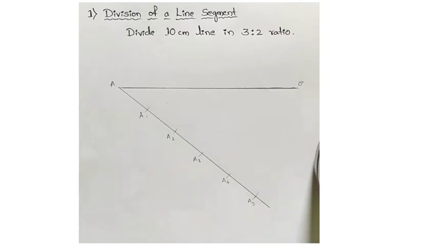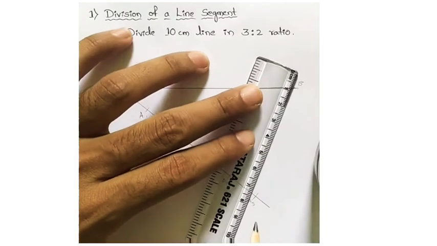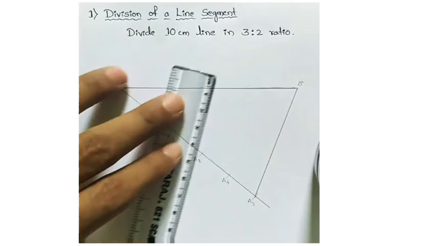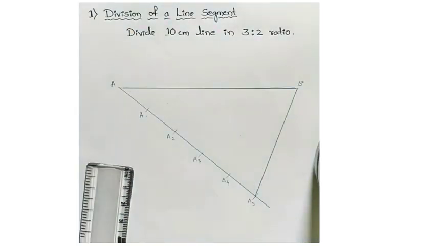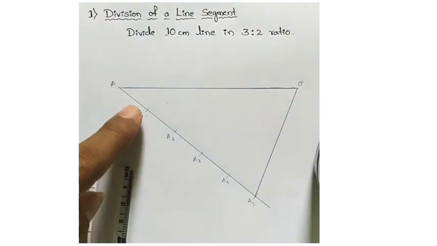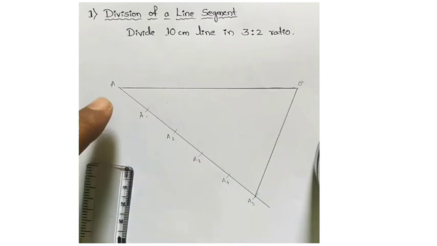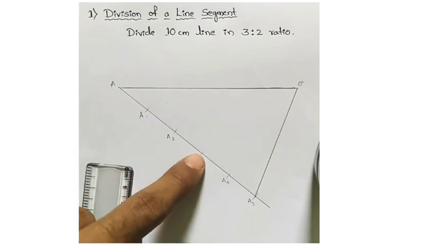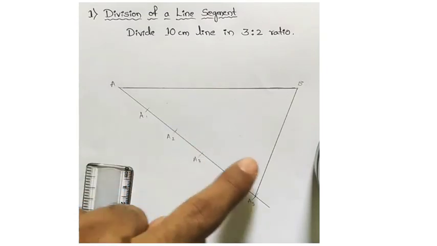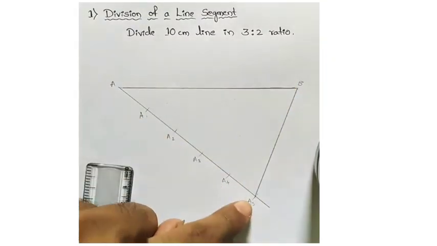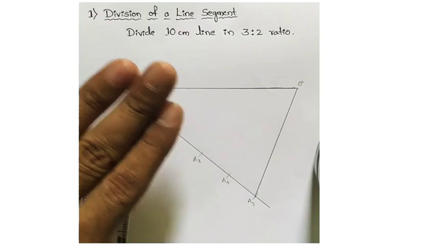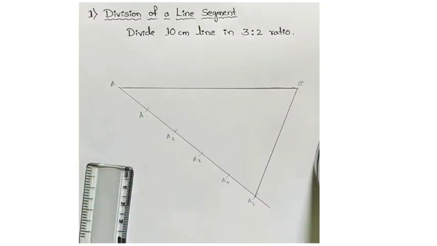Okay. So join this A5 to B. Okay. So what we need? 3:2. It means from starting point we need the 3 parts, afterwards 2 parts. Okay, 1, 2, 3. So from A3 we have to draw a line which will be parallel to the BA5. Then we will get here 3 parts one side, 2 parts one side.